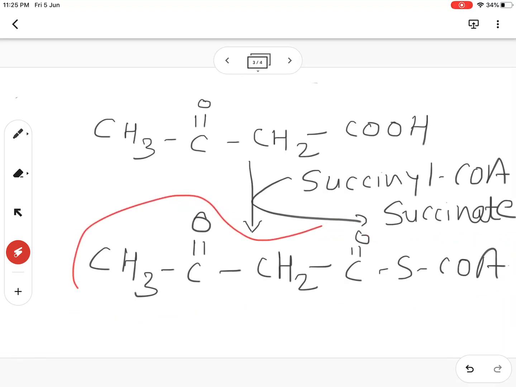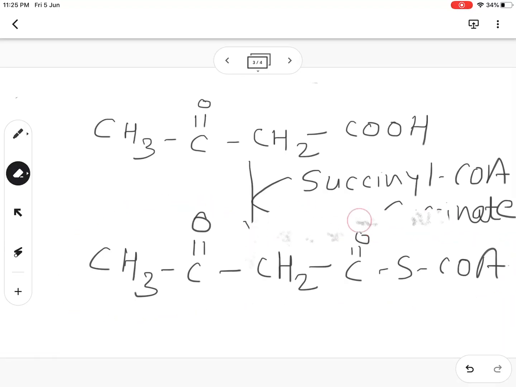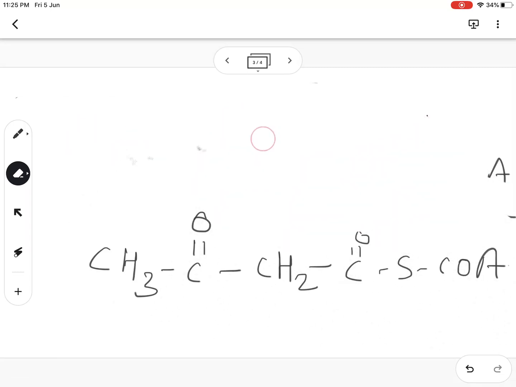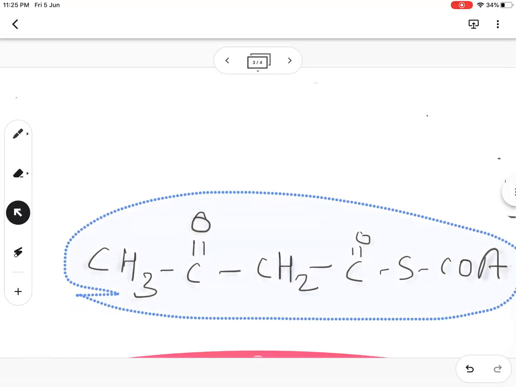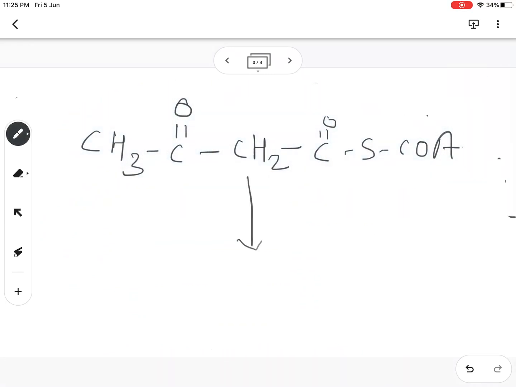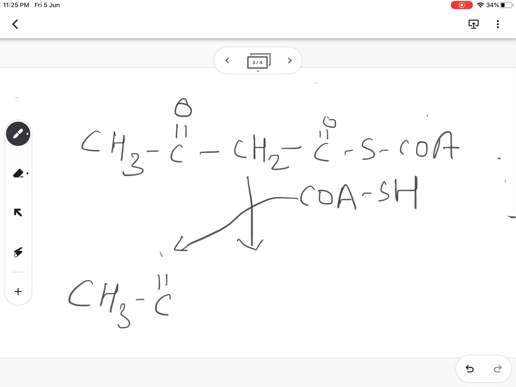The acetoacetyl CoA then undergoes the thiolysis reaction, which we have seen in beta oxidation of fatty acids. So here this molecule acetoacetyl CoA undergoes thiolysis with the help of a molecule of coenzyme A-SH, and the product formed is a molecule of acetyl CoA, that is CH3C=O-S-CoA, and another molecule of acetyl CoA.